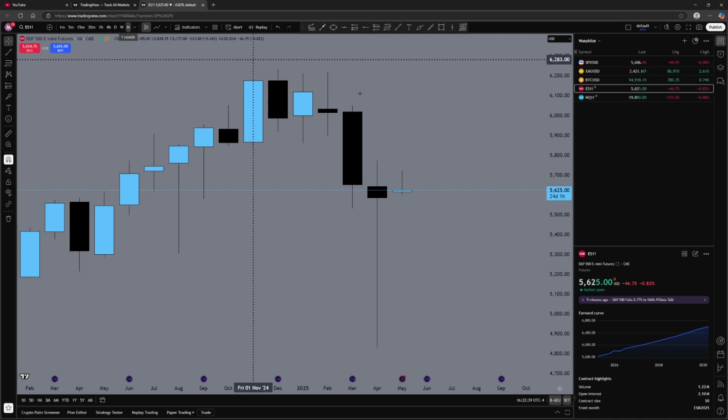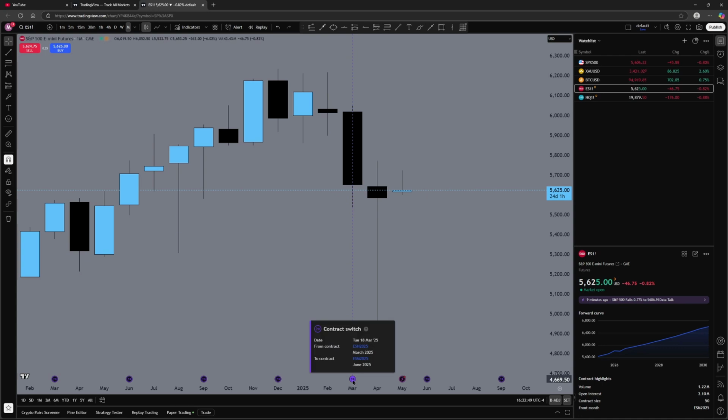So the month: every candle is a month. You can see down here it changes. With ES, there are contracts that open and close within a certain set of time. It takes 3 months, so these dates are the contract dates that change. You'll notice when one contract changes, the volume dies down on the other one until it builds up.